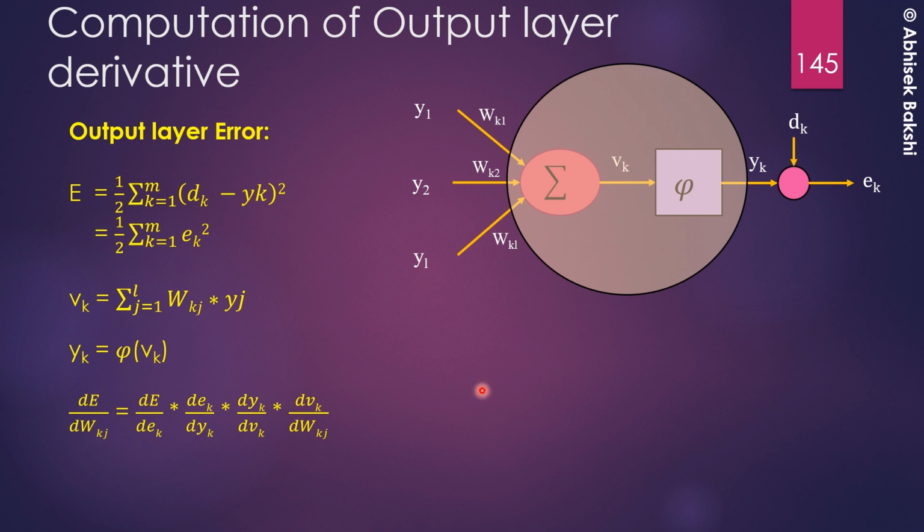One thing to always remember is that we are considering each and every neuron of the previous layer connected with each and every neuron of the next layer. That means this kth neuron is connected with each and every neuron of the previous layer, and similarly all these neurons of the previous layer connect to all the other neurons of the output layer.